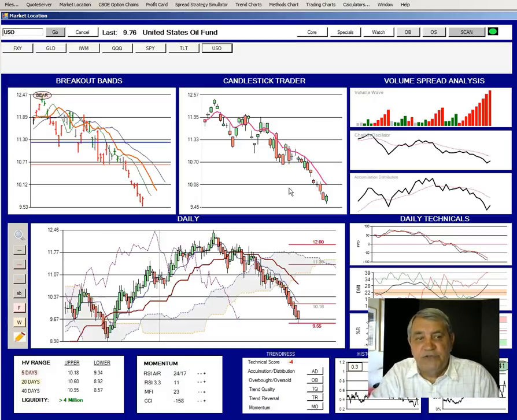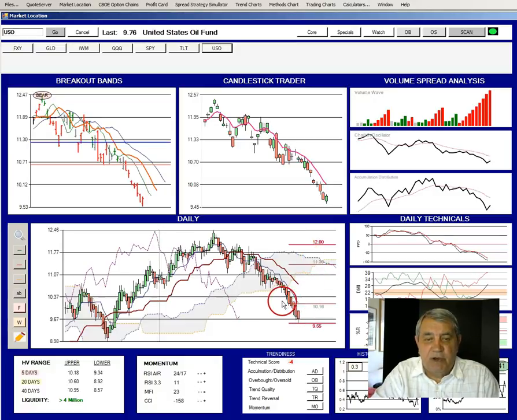Nothing really much has changed, except there's a little glimmer that maybe the drop in oil could be stabilizing, and that's indicated by the little hookups on the Chaikin oscillator, the accumulation distribution indicator, and the green or white candle at the bottom of the range.